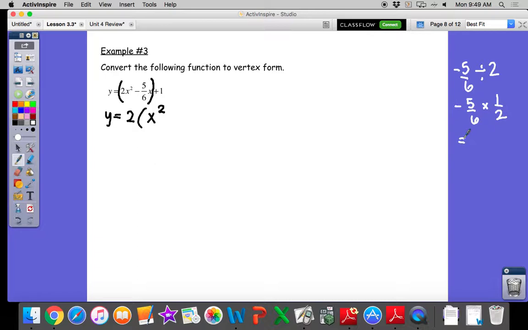We multiply the top numbers together separately from the bottom, so we have negative 5 over 12. That's our new fraction. So we're going to write it as negative 5 over 12x. We're going to leave some space, and we're going to have our c value outside of the bracket, plus 1.